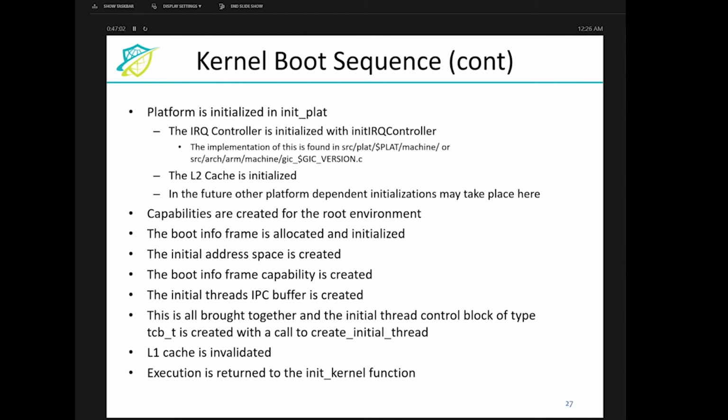And this is all brought together by creating a TCB, and we do it with create_initial_thread. So at this point, we have a root thread running. We have capability spaces for the things we're about to turn on, and we have TCBs for those threads. Then we blow away the L1 cache, which comes from the formal proof, and then we return the execution.